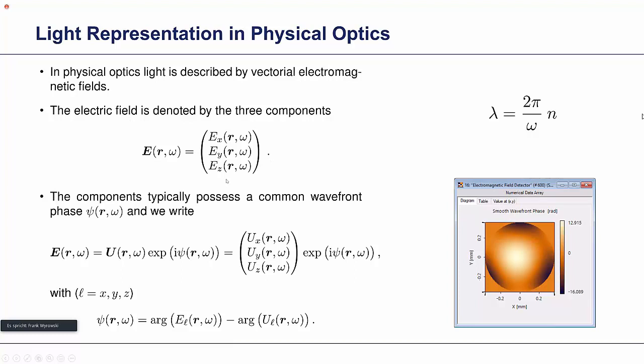So we have the electric field with three field components, and which is very, very important in this talk, because it's also related to the optical path, in fact, is that we can always extract a common smooth phase factor from the three components. That is not an approximation or something, it's just a form of representing the complex field, right? So we have a common phase. That doesn't mean there is no phase anymore. There's still a phase, but there is a common phase, wavefront phase, I call it.